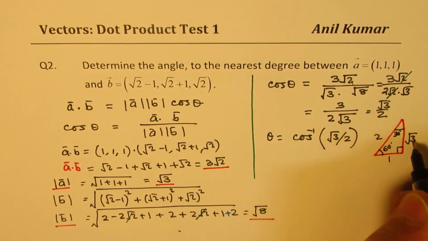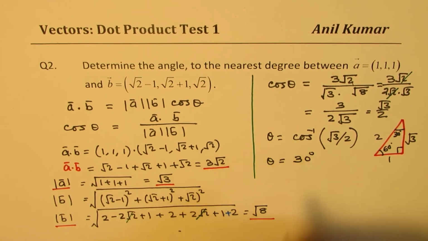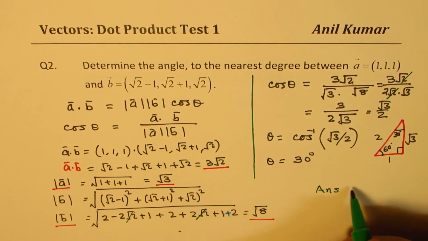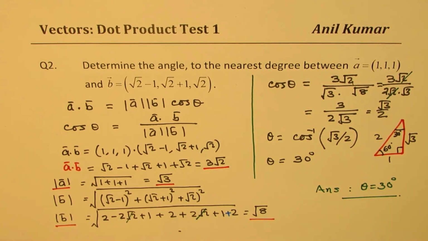Cos of 30 is square root 3 over 2. So theta equals 30 degrees. Is that clear? So the answer for this is that the angle between them is theta, which is equal to 30 degrees. Is that clear? That is how we are going to answer this question.